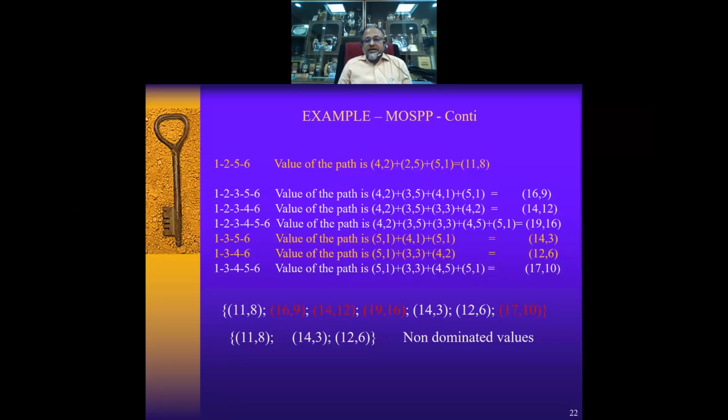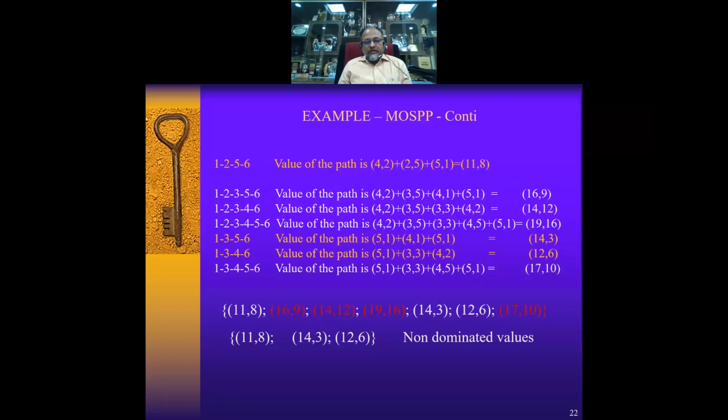You consider this case. Here there are one, three, yes, seven paths available. For the 7 paths we have seven vectors, 7 values of the path. Now we want to find the non-dominated values. As I already discussed, using the previous algorithm, we can find the non-dominated values.